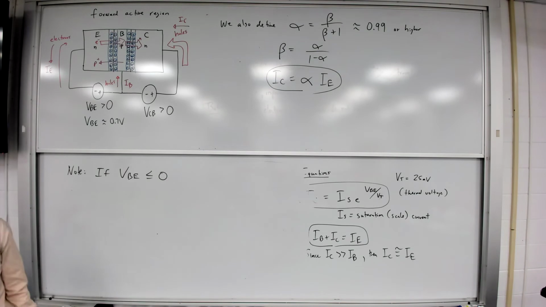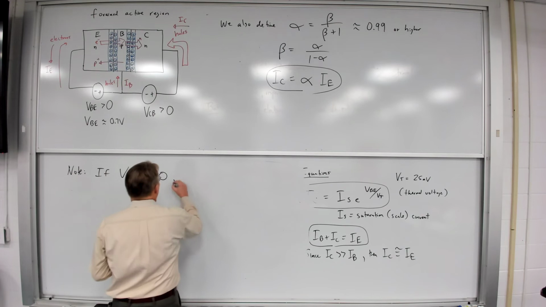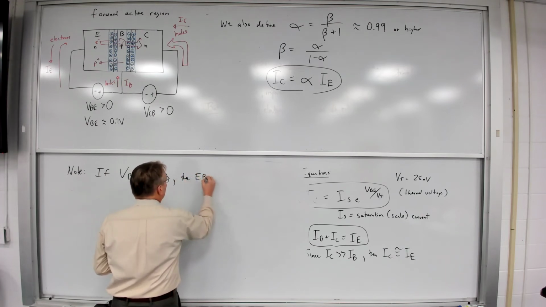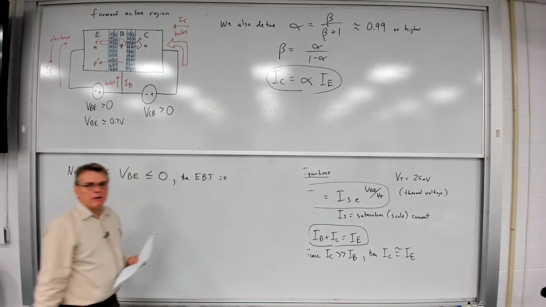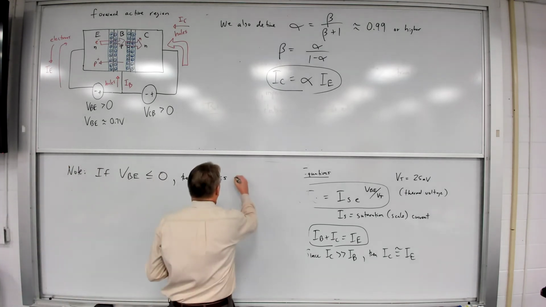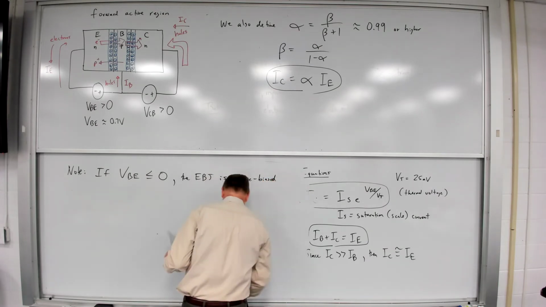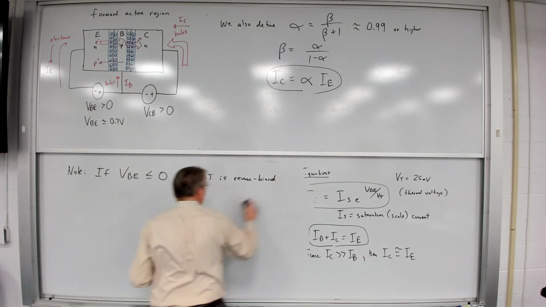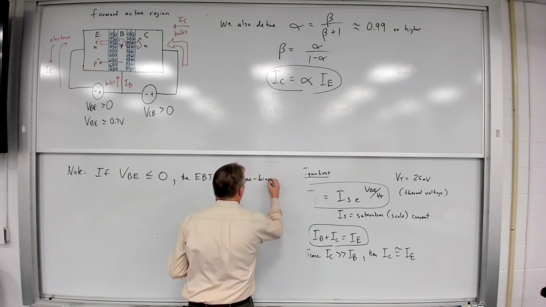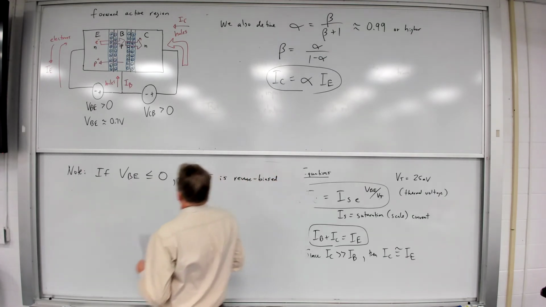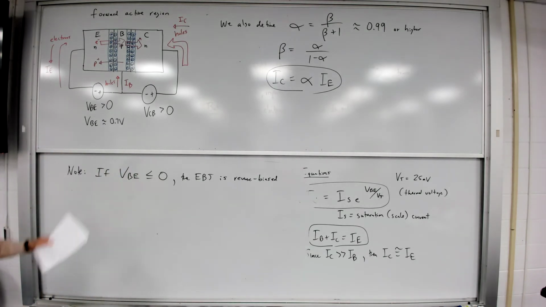What if VBE is less than or equal to 0? What if VBE is negative? In this case, the emitter-base junction is reverse biased. So if the emitter-base junction is reverse biased, there are no carriers flowing between the emitter and the base. And in that case, there are no excess carriers to go over to the collector.